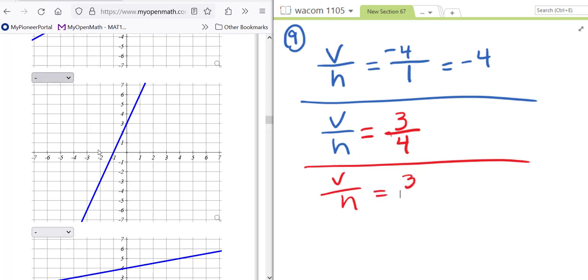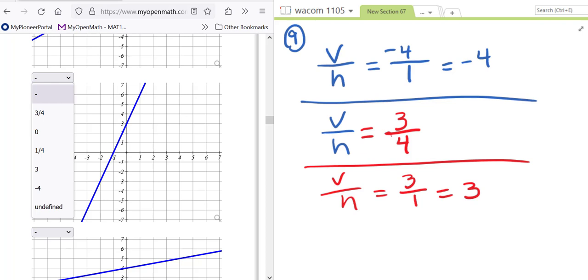So we'll move it again, up 1, 2, 3, and then I'm going to the right 1 to hit the line again, and that will simplify to 3. And it is a positive slope because it goes up as it goes to the right. So we're going to choose 3.